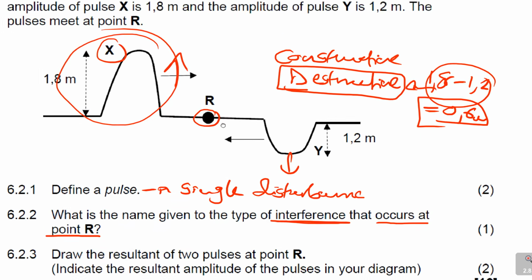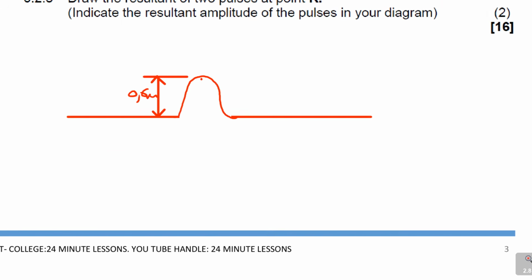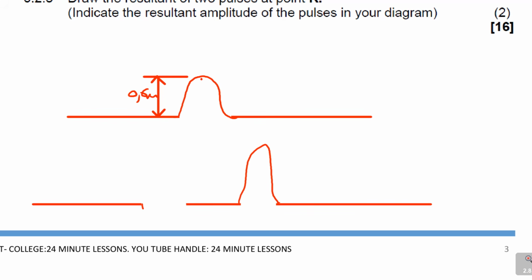And then you might have even gone further and said show the pulses just after they meet. How do you expect them? Just after they meet, you will have these two pulses like this. Now in here you have that pulse, and here you have that pulse. What is it?